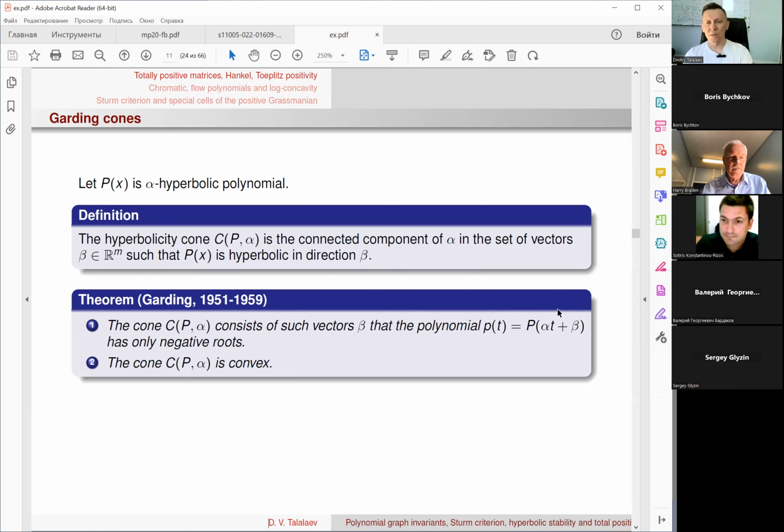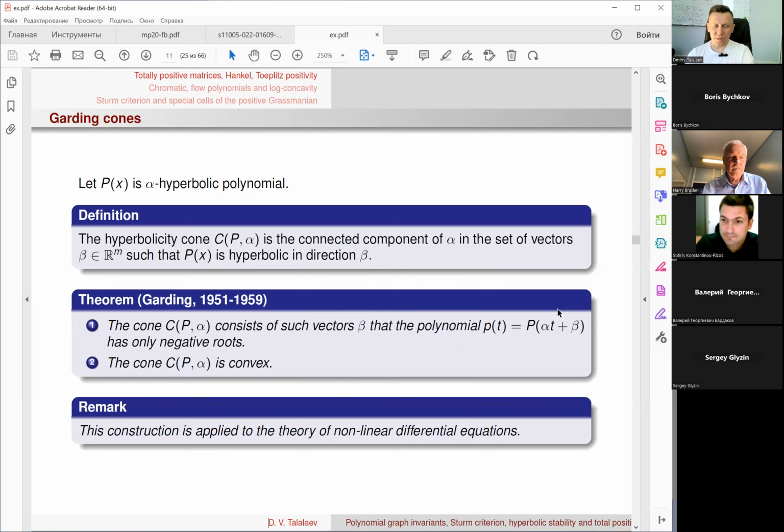The first one is that this cone is now characterized by a stability condition, because the roots of this auxiliary polynomial are only negative, and this is a convex object.